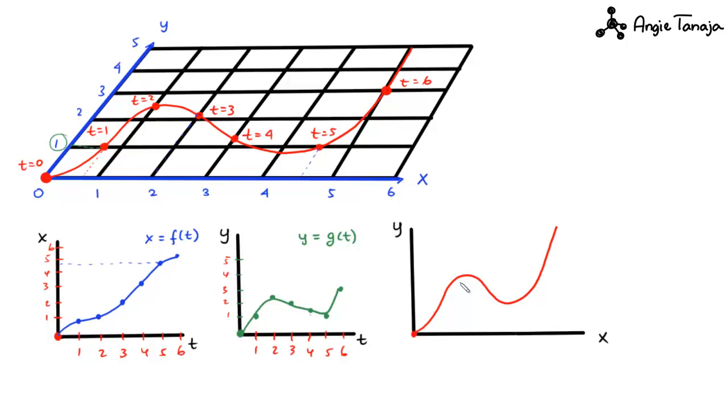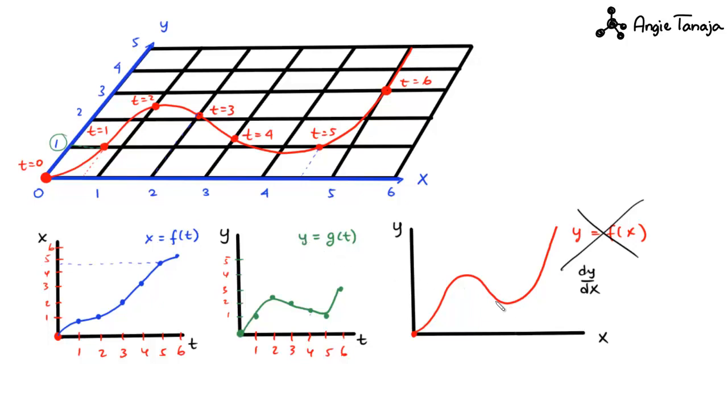For example, if the functions that I know are only these, so I don't know the function of y equal to f(x), nggak tahu. But I have to find dy over dx by using these functions.